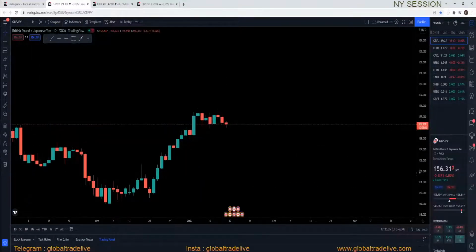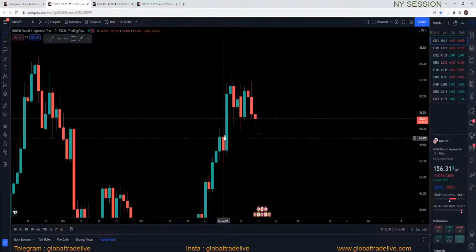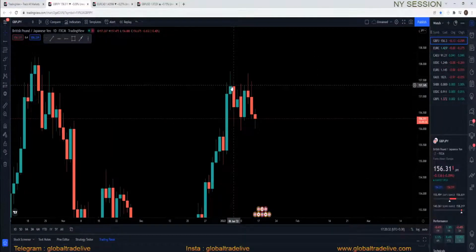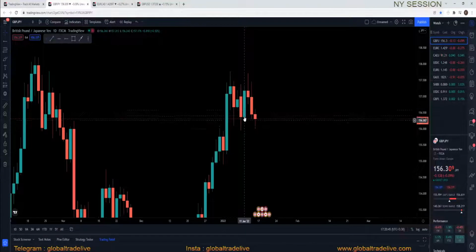And if we talk about daily, for more clarification or clarity, the market was in a bullish momentum. It created a resistance over here, rejection over here, went down, created a support over here, but this candle went down. That means a second resistance was formed, and this candle over here closed bullish.